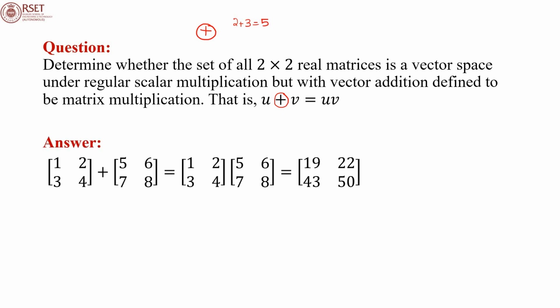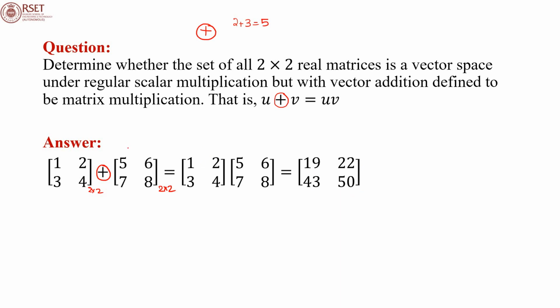What do you think? Let us consider a particular example. Consider two 2 by 2 matrices 1, 2, 3, 4 and 5, 6, 7, 8. So we are adding these matrices. Remember, this vector addition is not the regular addition. It is matrix multiplication here. On multiplying these matrices, you get the matrix 19, 22, 43, 50.